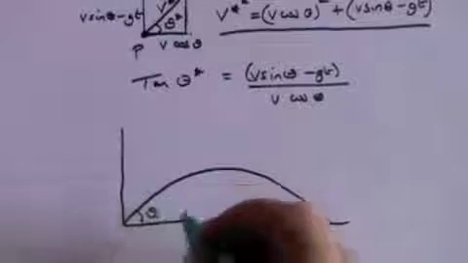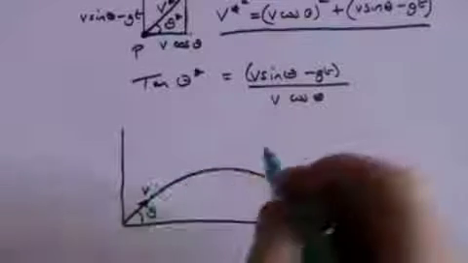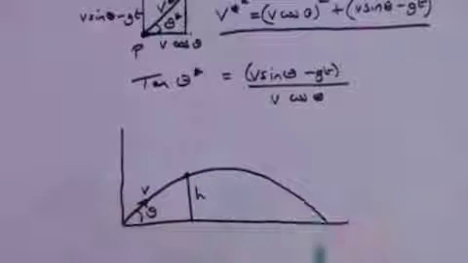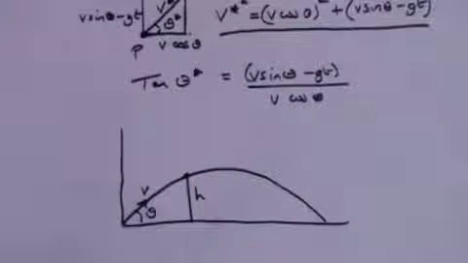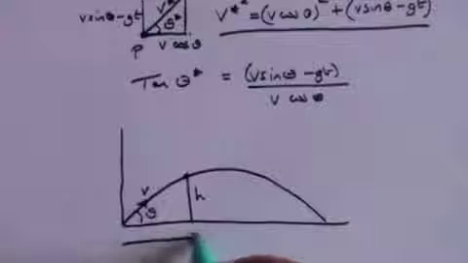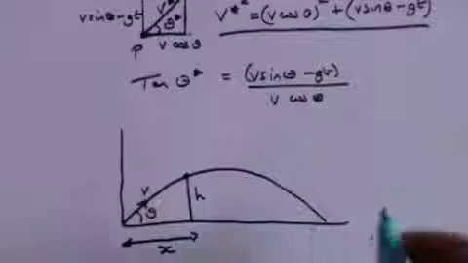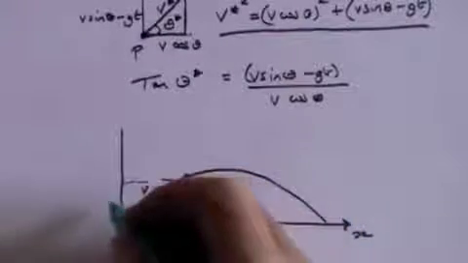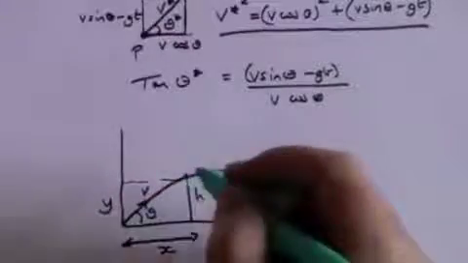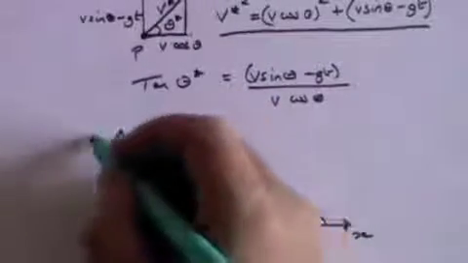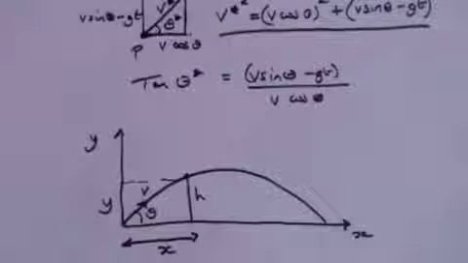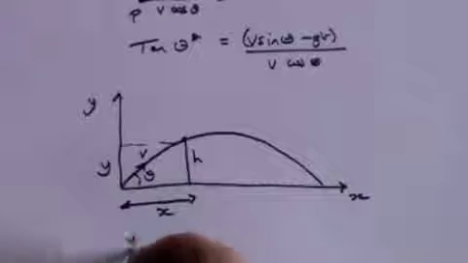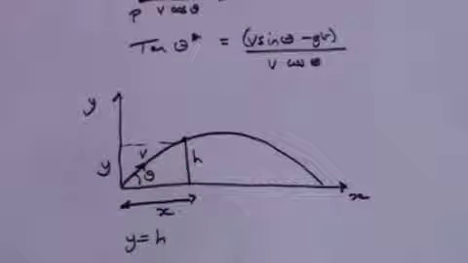This is of course angle theta, and the initial velocity is v, and we get to a point P which is h above the ground, and the distance here we're going to call x, because this is the x-axis, and this distance here, h, we're going to call y, because this is the y-axis. So we want a formula that relates y and x. Well, y, as I've said, is h, quite simply.